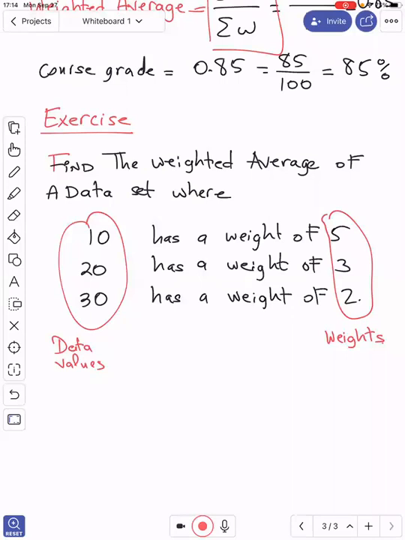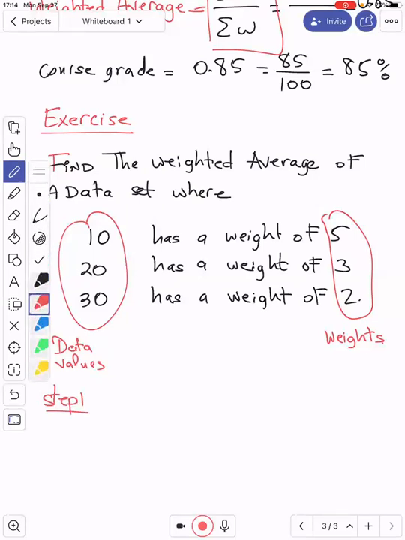All right, guys, we have like 1 minute to go, so I can go over this exercise. You want to find the weighted average, right? In step 1, you need to compute the sum of the data values times the corresponding weight.